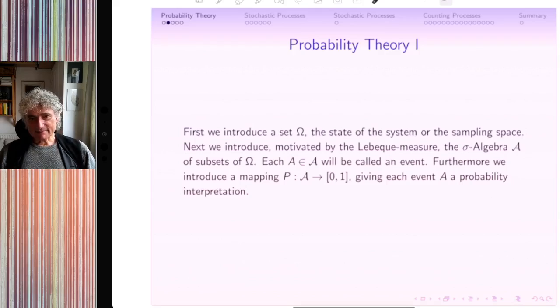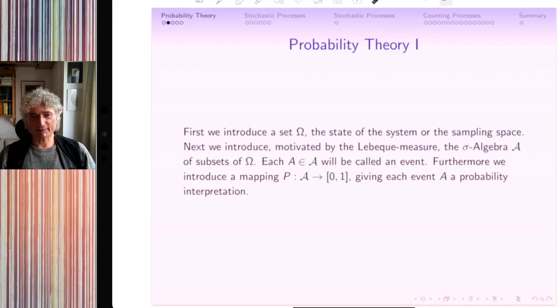The last thing is we will now go to probability theory. So we don't take just any Lebesgue measure. We take a very special Lebesgue measure, which we call a probability. The probability will be defined as something that is defined on each element of the sigma algebra A into the interval 0, 1. So this gives a clear interpretation. If something has probability 0, then it's never taking place.